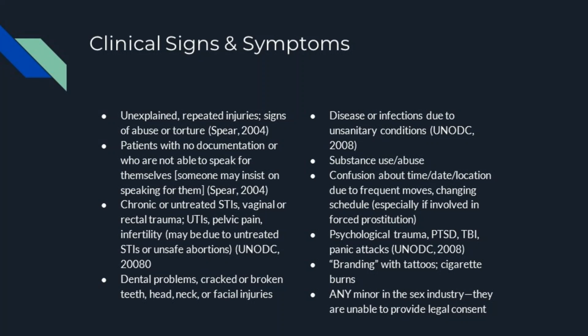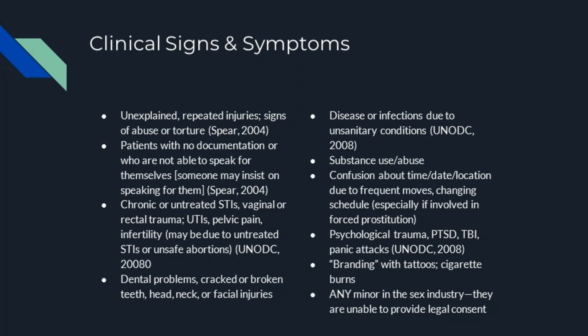And then another sign could be confusion about time, date, or location, especially if they're being moved around a lot or being forced to work without having control over their schedule. Other signs include psychological trauma like PTSD, any depression, anxiety, panic attacks, or traumatic brain injuries.